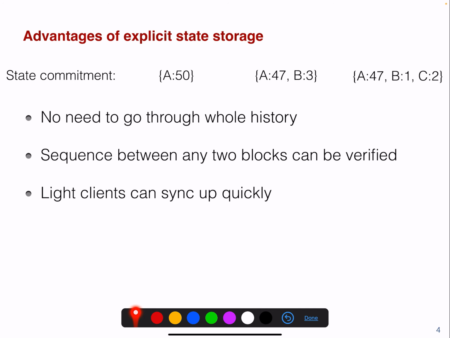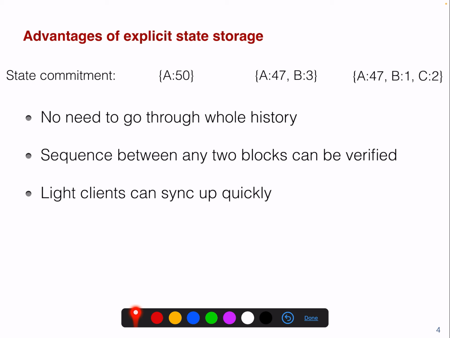Okay, so what are the advantages of explicit state storage? If you're a light client, or somebody who doesn't want to go through the whole history as we have just done, then if you trust the state representation, you can basically just look at this and say, I know B has 1 coin at least, right?